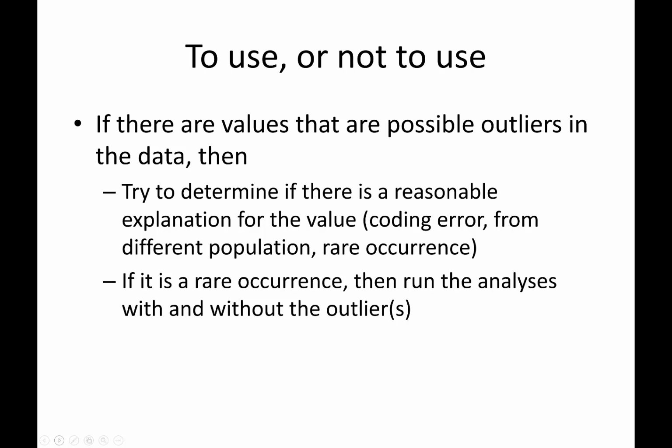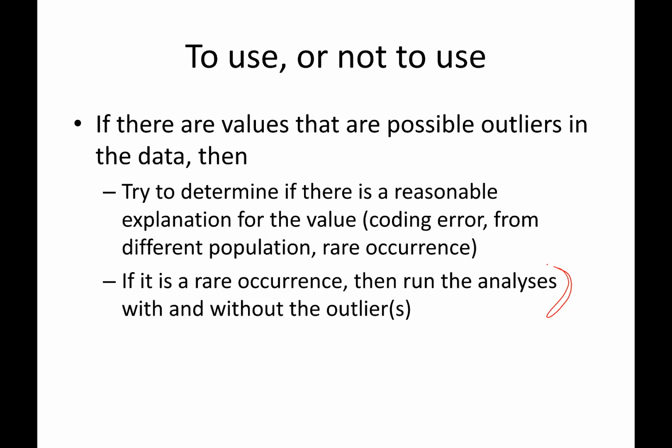And so if it's a rare occurrence, what we do is run the analysis with and without it to see how it affects the values, especially the mean and the standard deviation. Do we see a substantial change in the mean when we exclude that value? And do we see a big change in the standard deviation also?